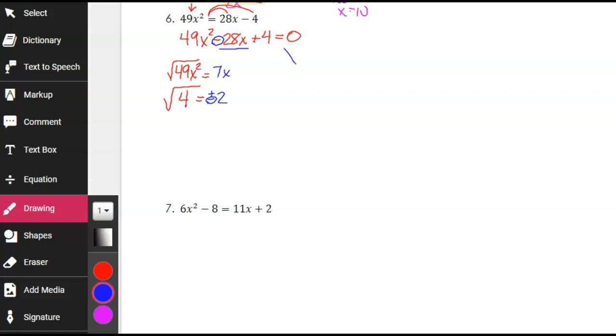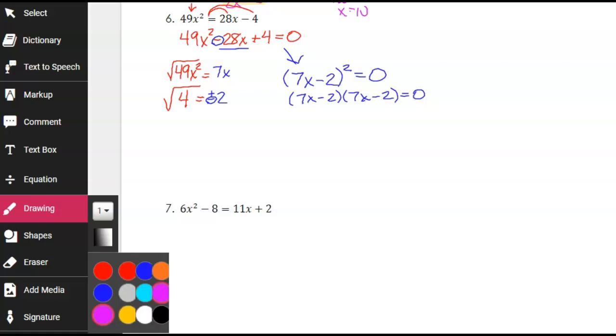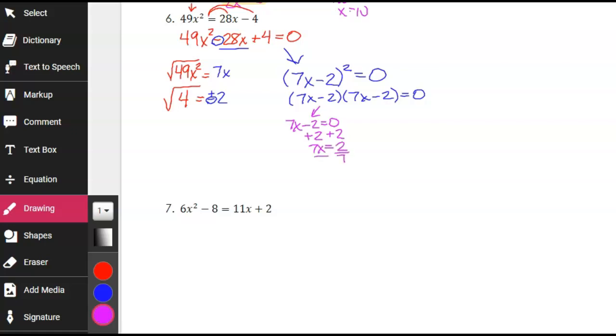I'm going to be able to write this as 7x minus 2 squared, which is really 7x minus 2 and 7x minus 2. So I could rewrite it twice. Now, if I set this factor equal to 0, and I add 2, I get 7x equals 0 plus 2, which is 2, and I divide by 7 and get x equals 2/7.